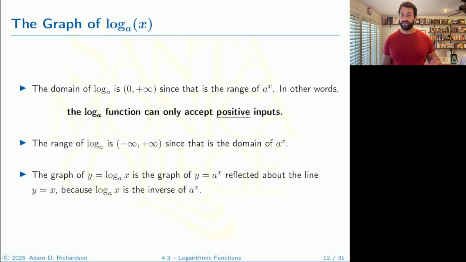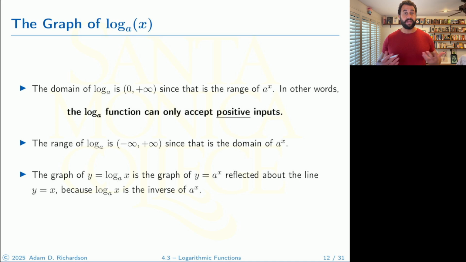Now, on the other side of things, the range of the log function is negative infinity to infinity. That's because that's the domain of the corresponding exponential function. But you'll see on the graph in just a minute, the log function can spit out any real number, but it can only take in positive numbers. It takes positive numbers and maps them to any real number. Okay, that's the idea.